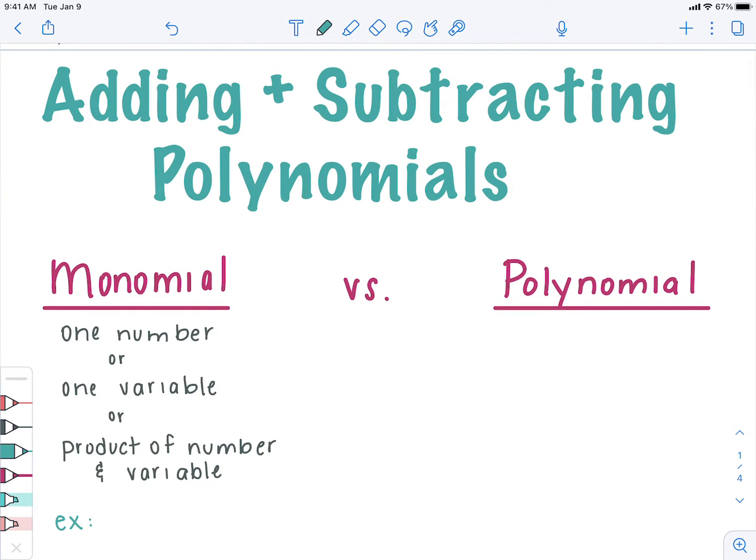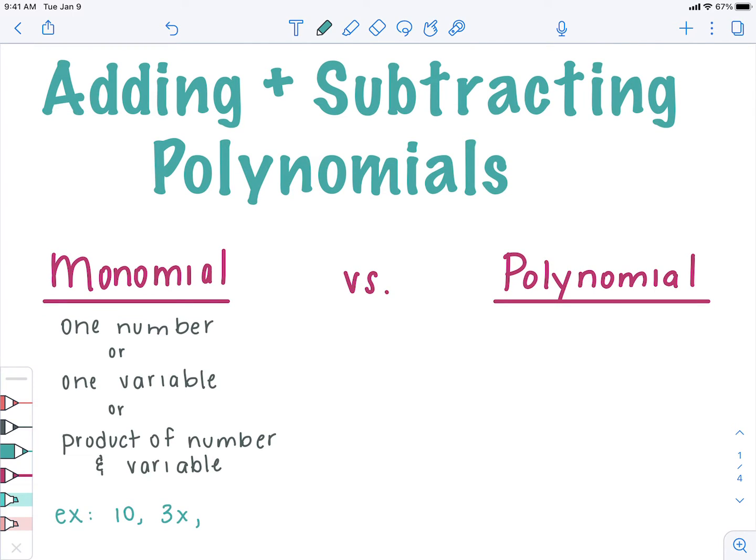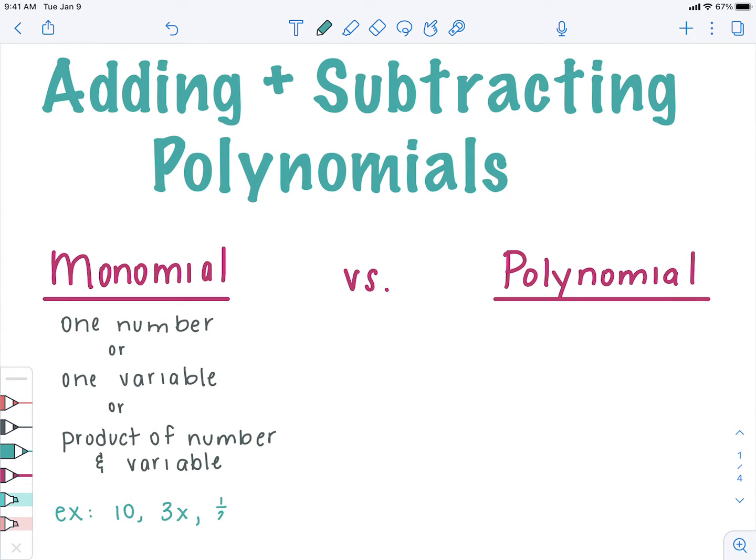So monomials are things that look like 10. That would be our number. We could say 3x, which would be a product of a number. We could even say 1/2 a b squared. So it can have exponents. It can have more than one letter.